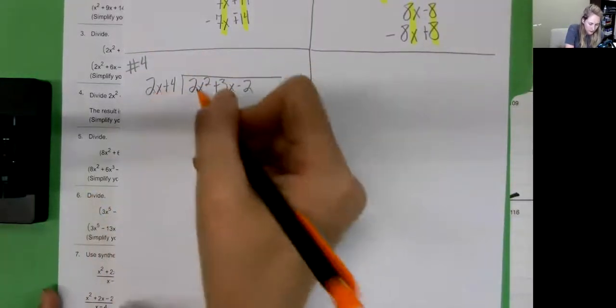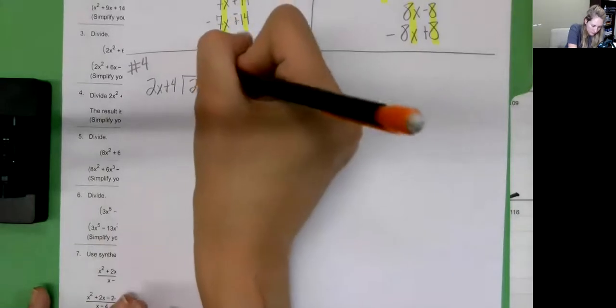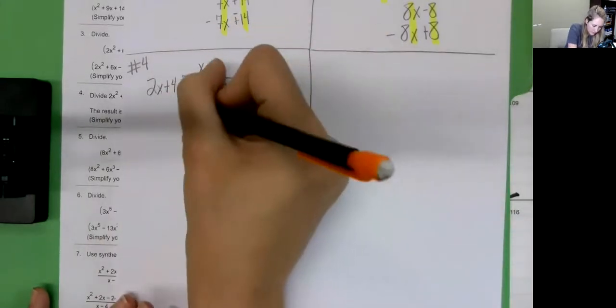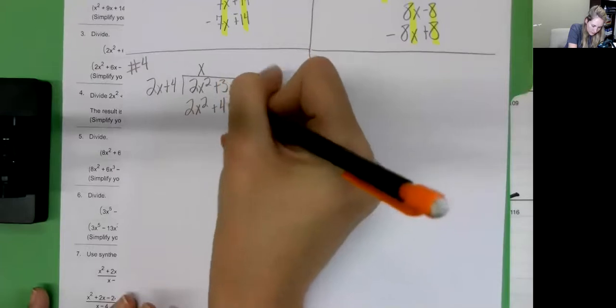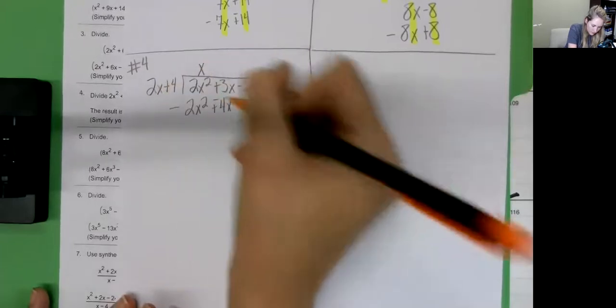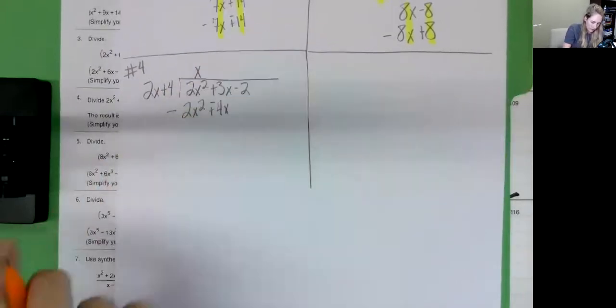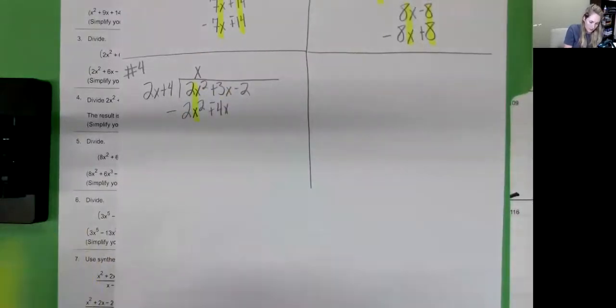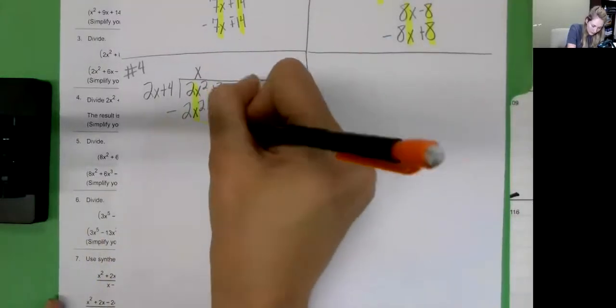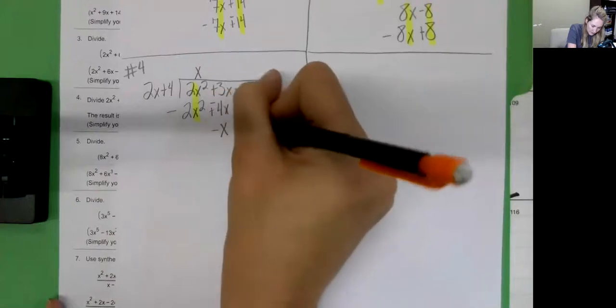So we need 2x to be 2x squared, so that just means we need another x. So then we have 2x squared plus 4x. We're going to subtract, so change our sign. Right there would be 0. 3x subtract 4x would be negative x, subtract 2.